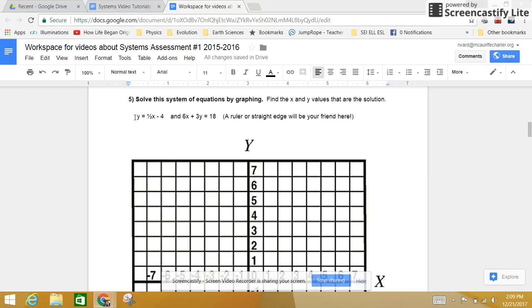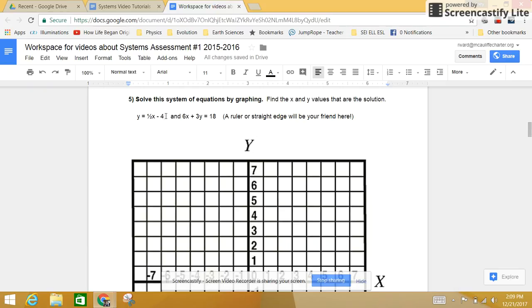Okay, I'm going to end up graphing these on Desmos, but I'm not going to just plug in the equations because I want to show you how you can map out on Desmos where points would be. So the first one I'm going to deal with is y equals 1/2 x minus 4.